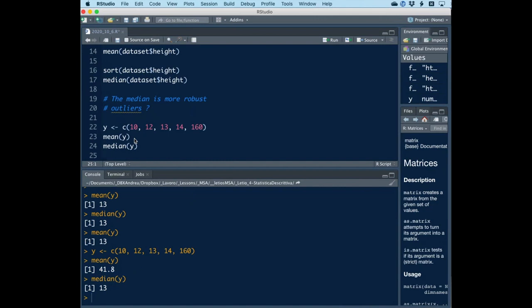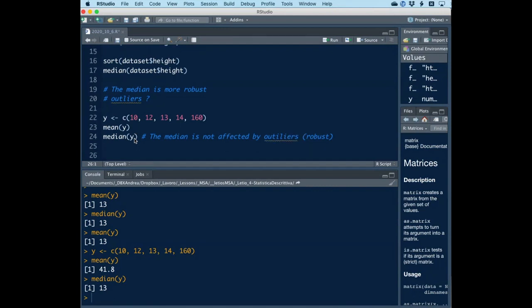Because always the central value, regardless of outliers. That's why we say that the median is robust. We see that the median is not affected by outliers. It is robust.